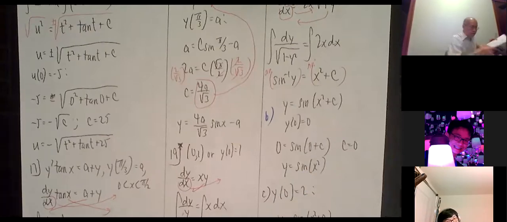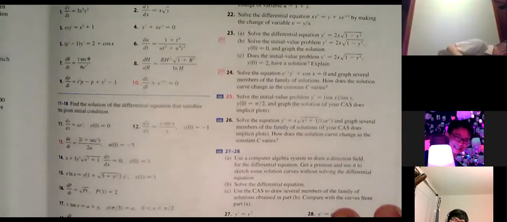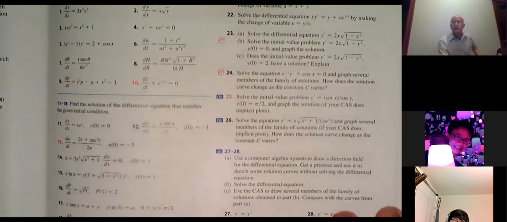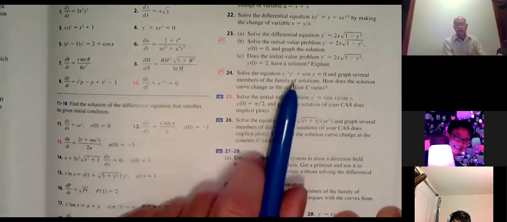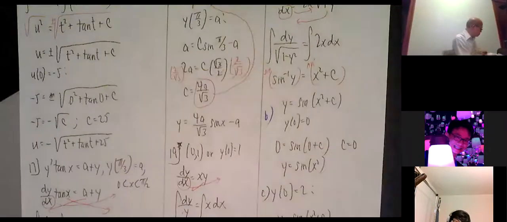Now, what are they asking for part C? It says, does the initial value problem y prime equals blah, blah, blah, y of 0 equals 2 have a solution? Explain. Well, let's just figure out what happens if y of 0 equals 2.